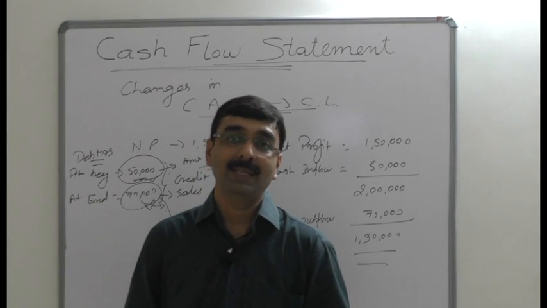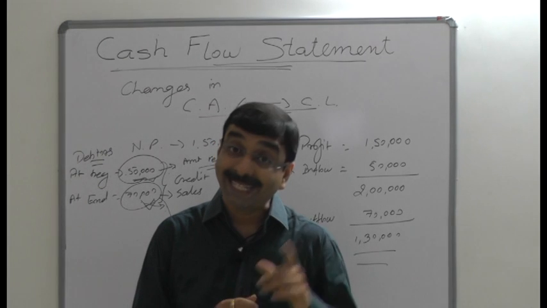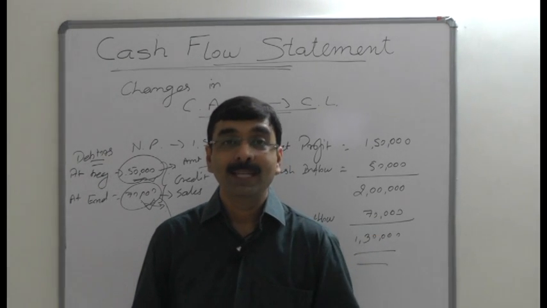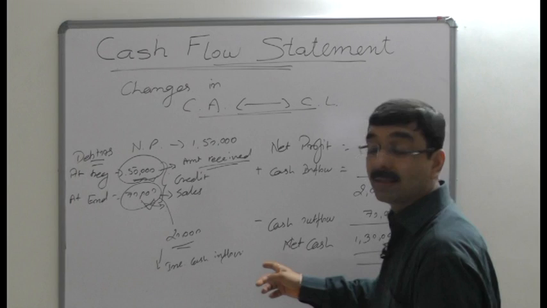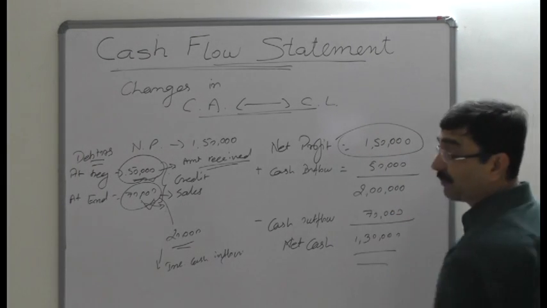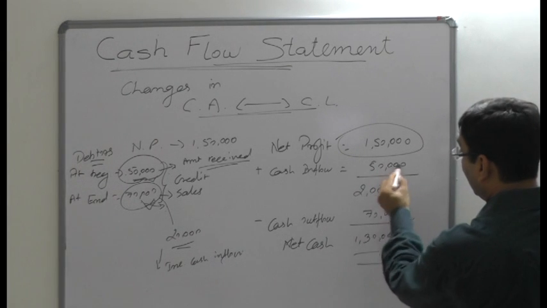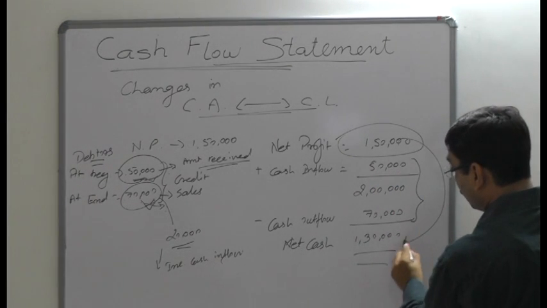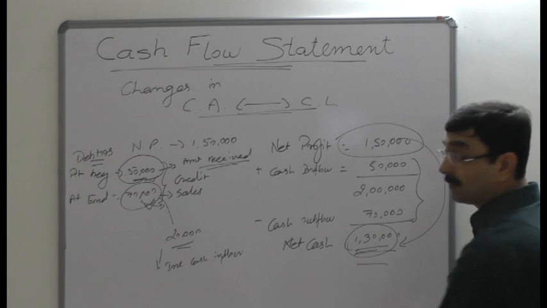From that we can say that cash flow decreases due to increase in current assets. Here the cash flow decreases. How much net profit is there? 1,50,000. At the end of both these transactions, what was the cash inflow? It's 1,30,000.